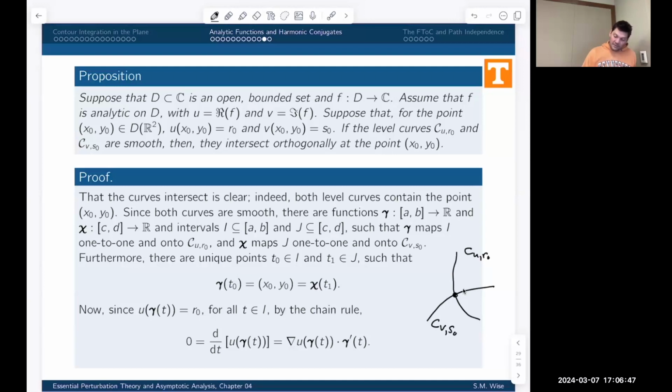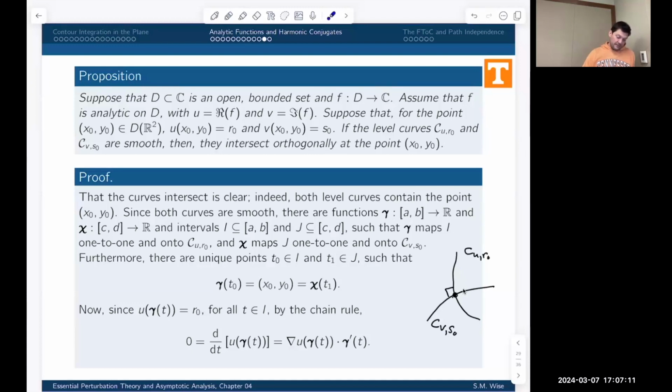At this point, U has the value r naught, and V has the value s naught. They're different values for their level curves. If the level curves are smooth enough, then they have to intersect orthogonally at this point. So this angle that we have here is a 90-degree angle.